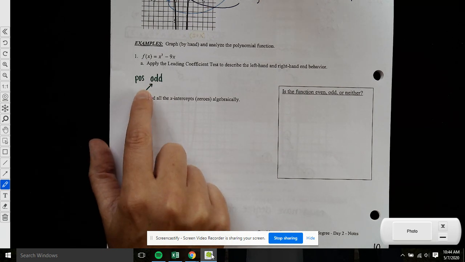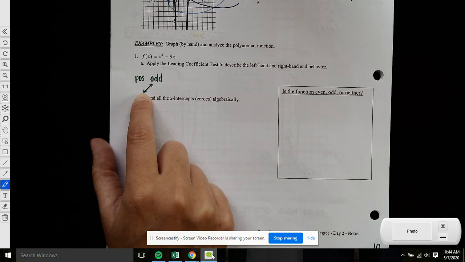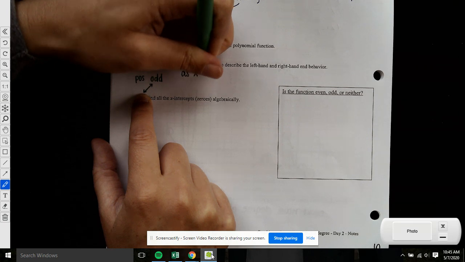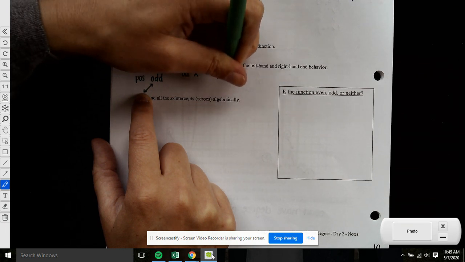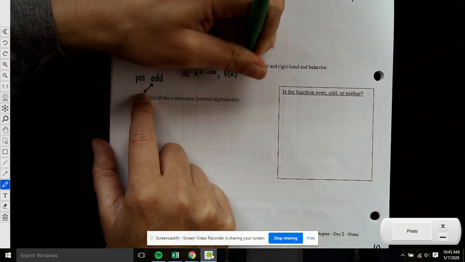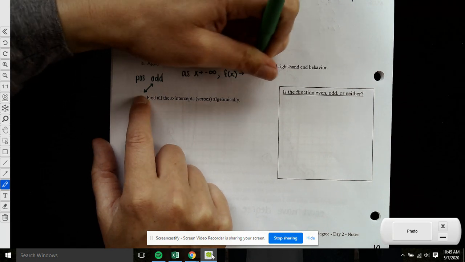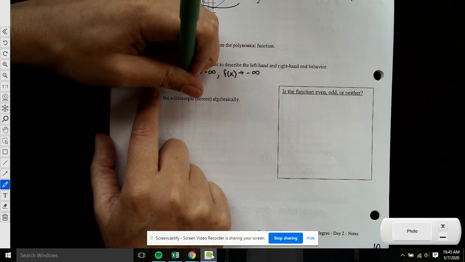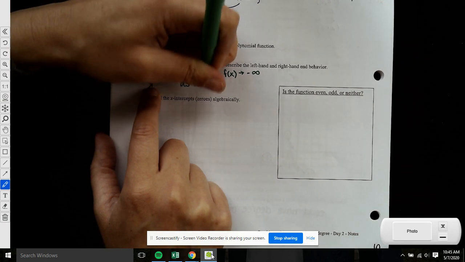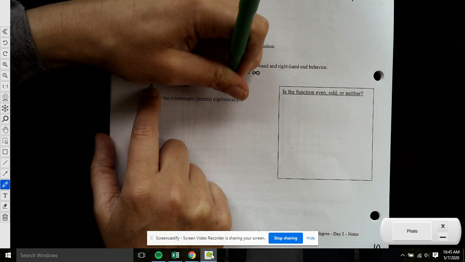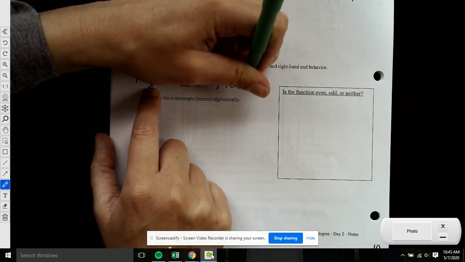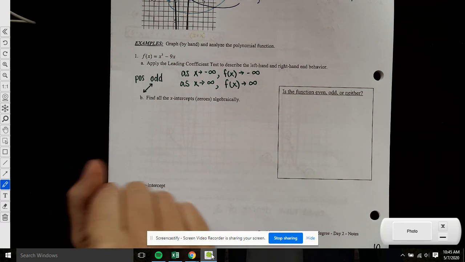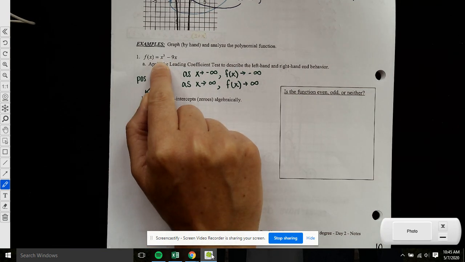On the left side, as x approaches negative infinity, f of x will approach negative infinity as well. On the right side, as x approaches infinity, f of x also approaches infinity. So there's my end behavior, and I found that out by looking at the leading coefficient of 1 and the degree of 3.